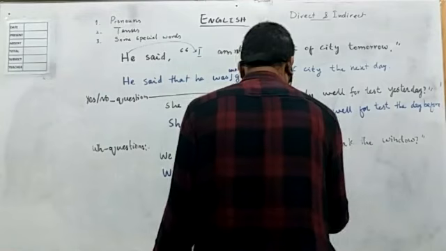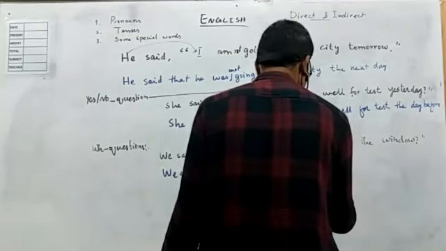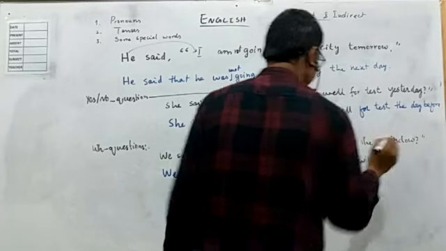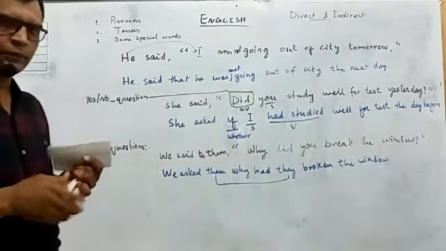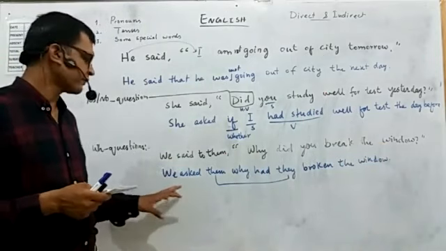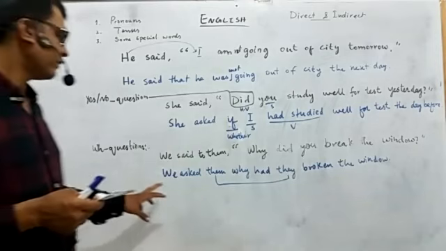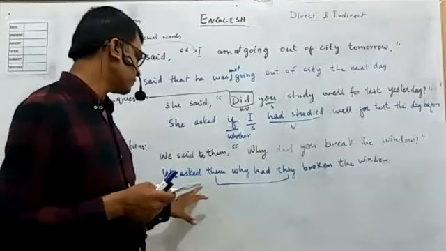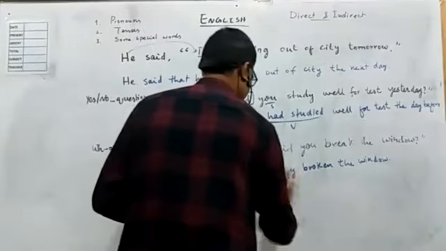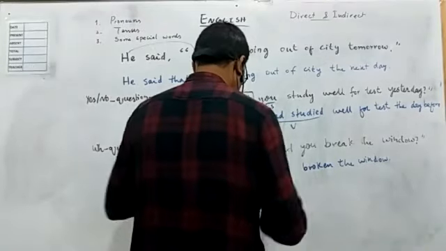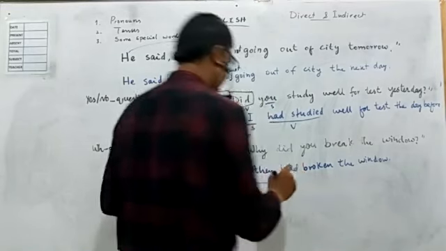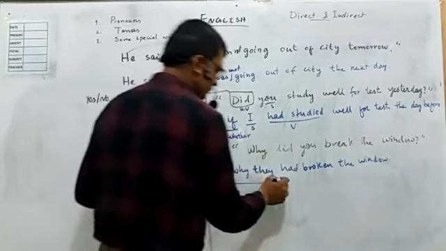Oh, sorry, why had they broken the window? Now, all the WH questions will be dealt in this way, where we use question word, subject, helping verb, and then the main verb.